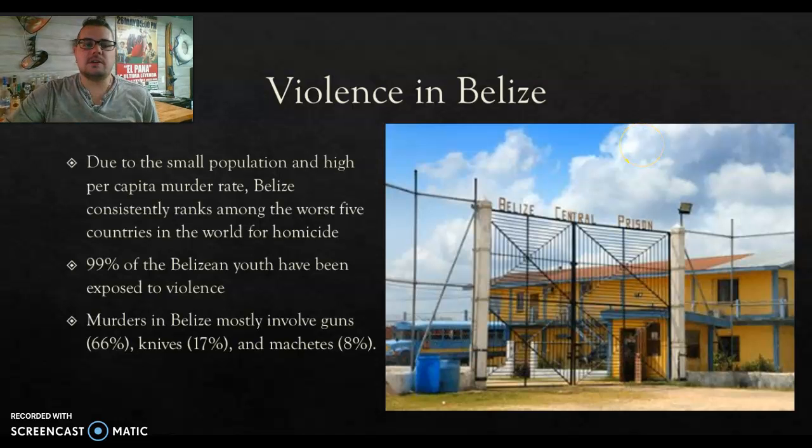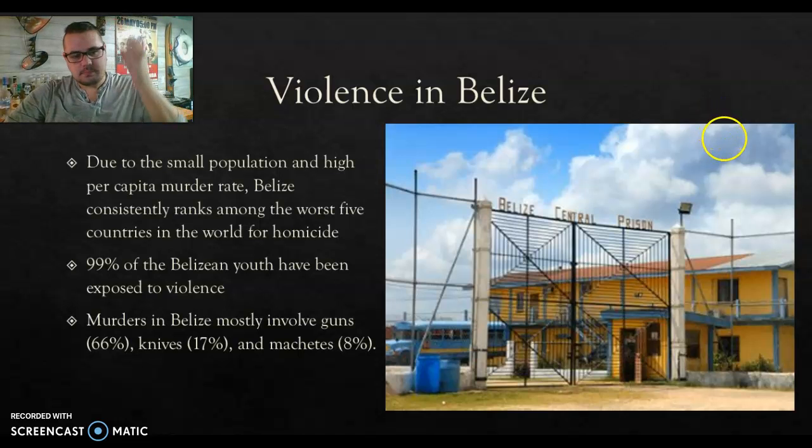Violence in Belize. Pretty much every year, Belize is in the top 5 countries in the world per capita for homicides. It's a very small population, so it's not an extremely high number of homicides compared to what you would see in the United States, but per capita it is extremely high.